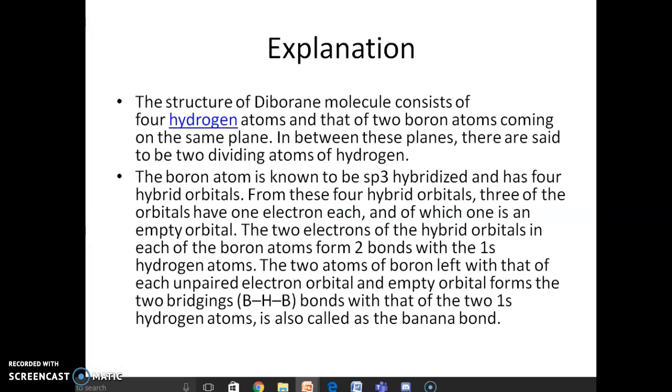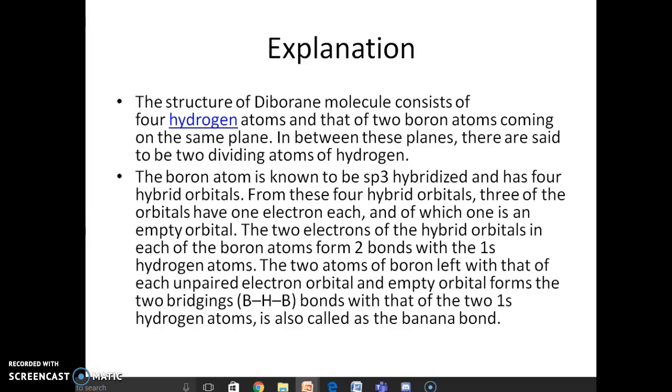So let us start the discussion on the structure. As we have seen, the diborane molecule contains 4 hydrogen atoms and 2 boron atoms which lie in the same plane, and in between these there are 2 bridging atoms of hydrogen.